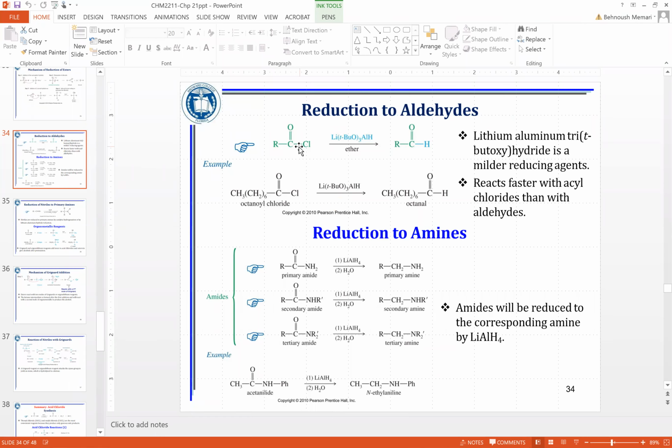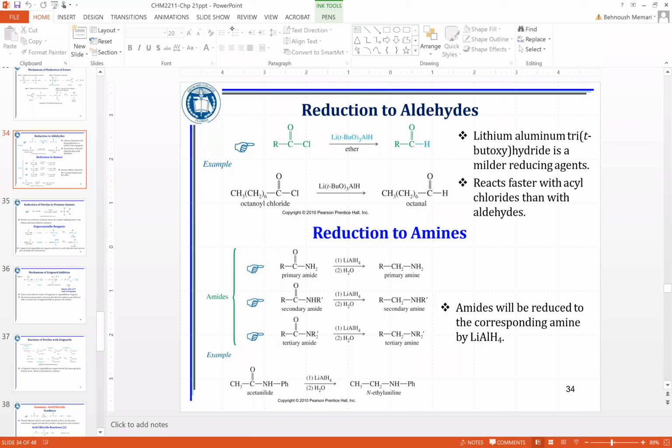If you want to reduce it to aldehyde, which is a one-step reduction, you cannot use LAH, which is a strong reducing agent.